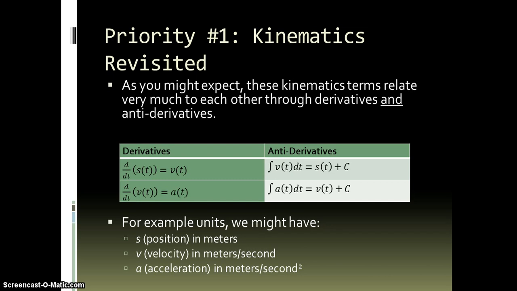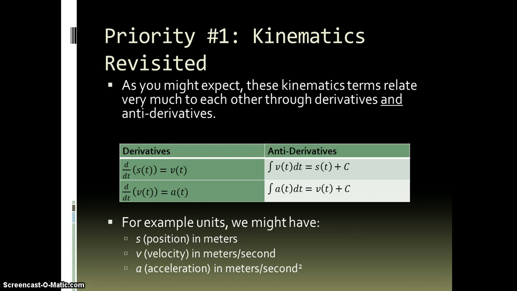Looking over to the antiderivative part, the antiderivative of velocity is position, s of t, plus our initial condition, c, our constant of integration. Similarly, the derivative of velocity was acceleration, so the integral of acceleration should be velocity plus c.